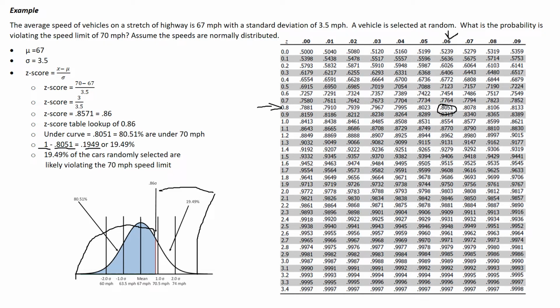So 80.51% is from the very beginning up to this 0.86 where I got this red line, and beyond that, from here to the very end is 100%. I subtract 80.51% from 100% and I get 19.49%. So 19.49% of cars I've selected are probably violating the 70 mile an hour speed limit.